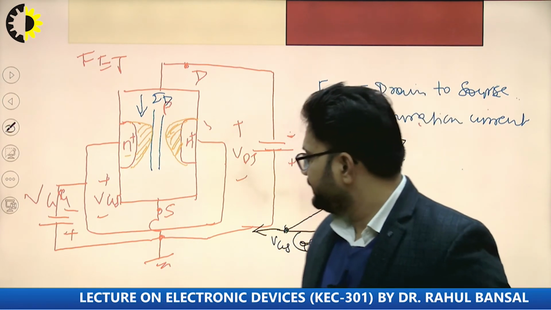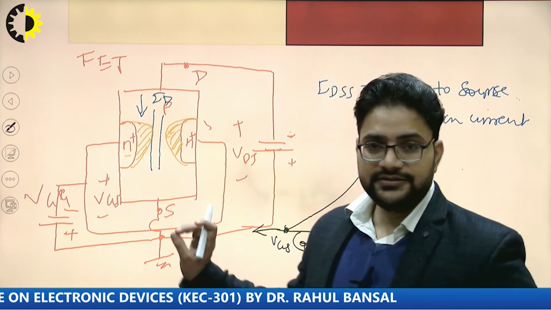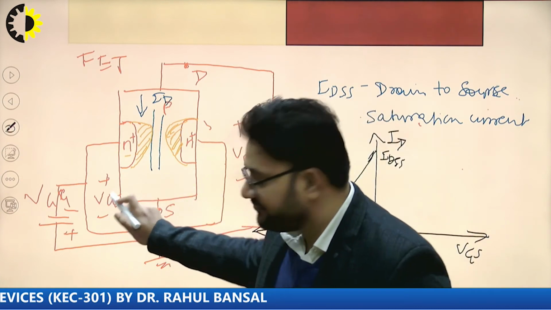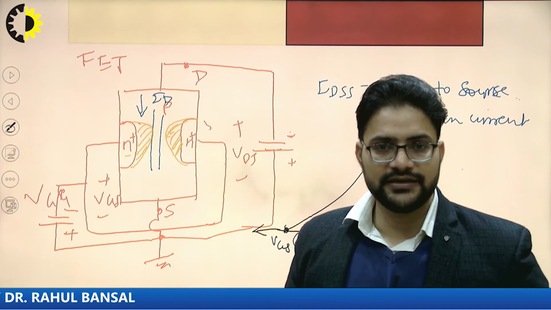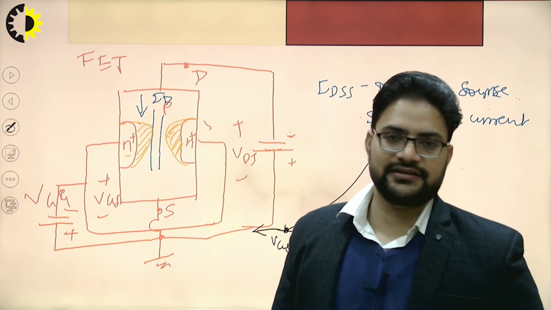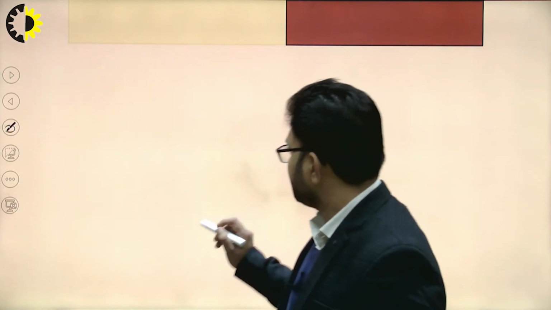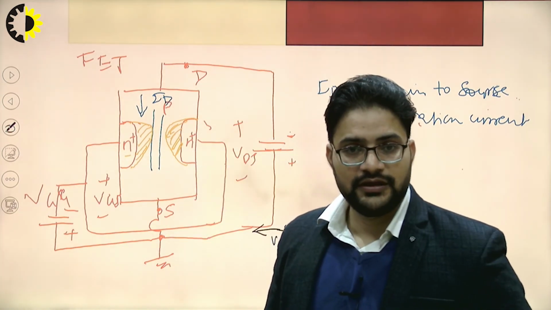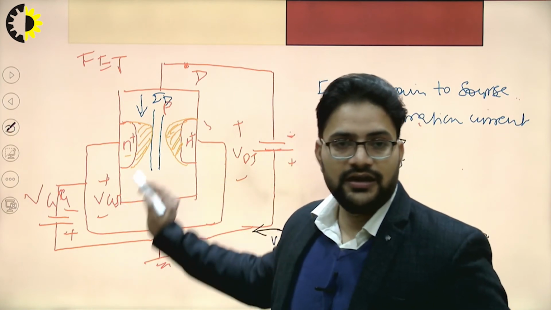Next, if I take this VGS constant and change the value of VDS, the characteristic formed is called the drain characteristics. Now I will change the value of VDS and check the effect on the ID current.